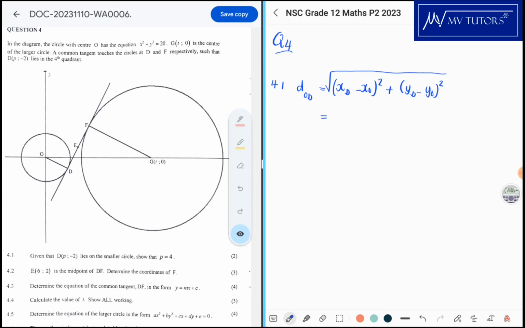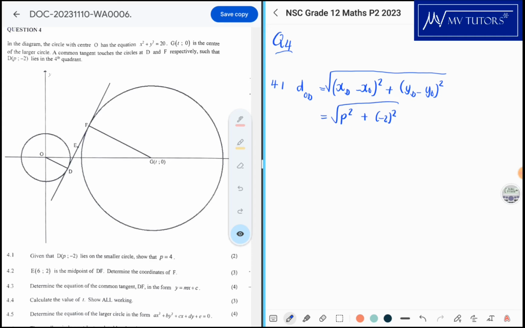Then the x coordinate of D, that is P, minus that of O, that's just 0, so that's just going to be P squared. And the y coordinate of D is negative 2, so negative 2 squared is 4, and that is rooted.